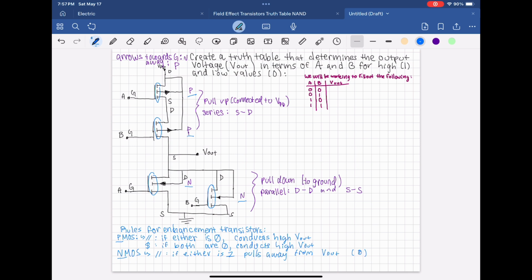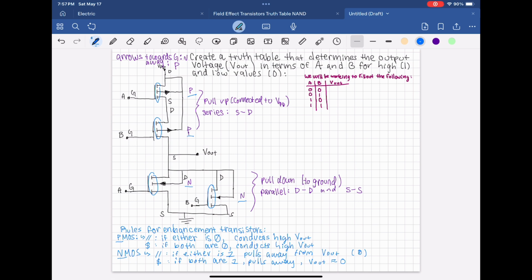Anyways, for the nMOS, we're looking at 2 other rules. In the parallel situation, if nMOS is in parallel, which ours is, when either A or B is 1, it's going to pull down. It's going to take away from the drain.